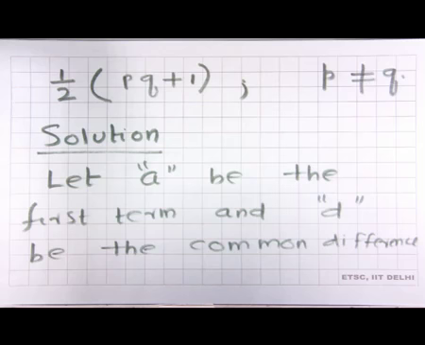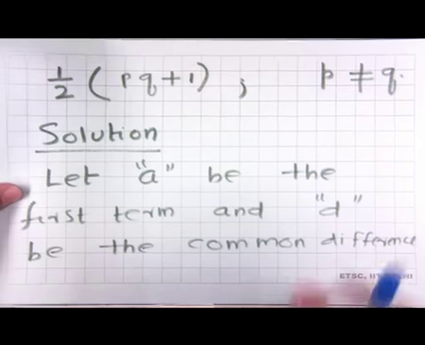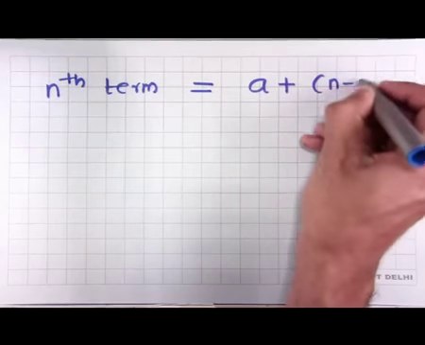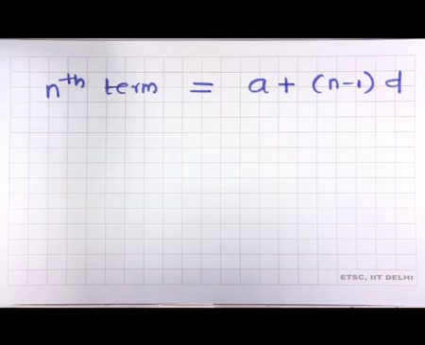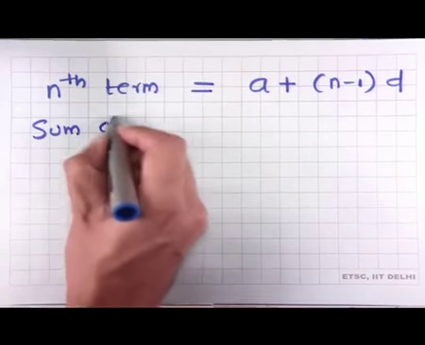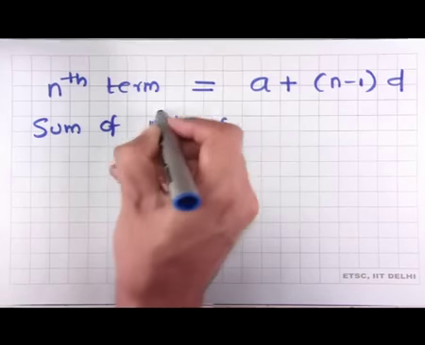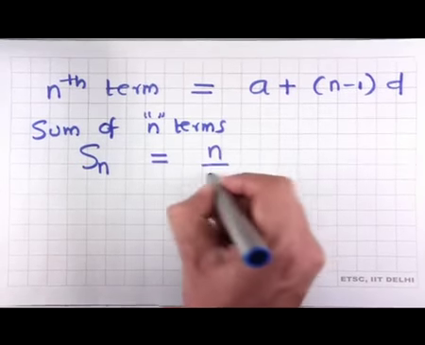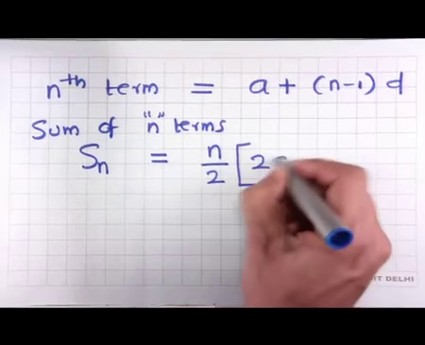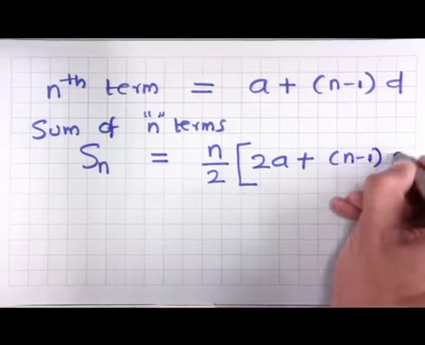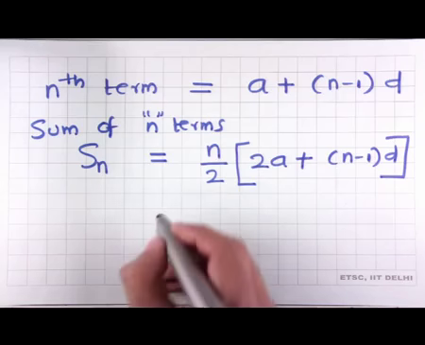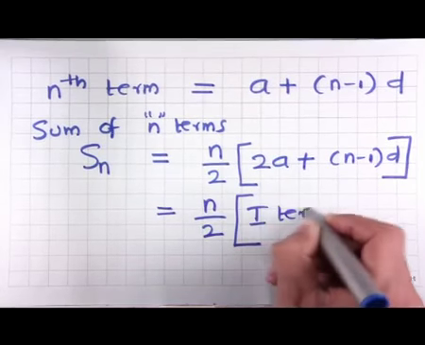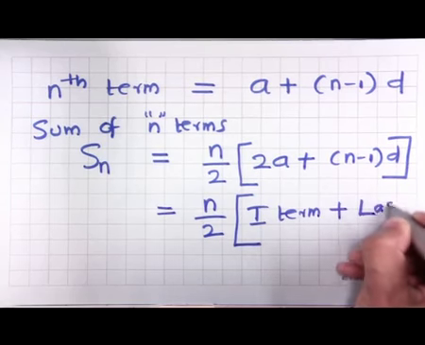Recall that for an AP with first term A and common difference D, nth term is given by the formula A plus n minus 1 into D. Further recall that sum of n terms, which we shall denote by Sn, is given by the formula n by 2 times 2a plus n minus 1 into D, or n by 2 times first term plus last term in the concerned sum.